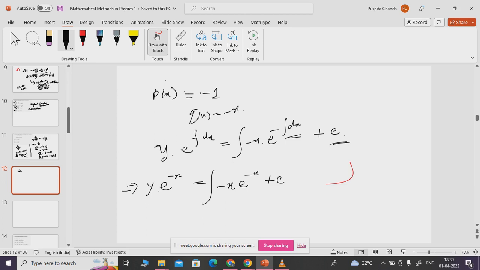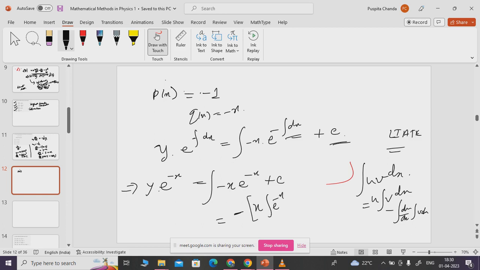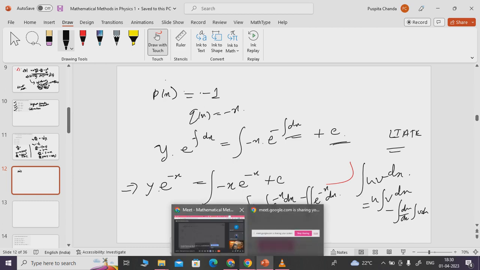In this c, all the constant terms are there. So this integration will be integration of u v minus integration of du by dx v dx, and this depends on how we choose u. So exponential never becomes u, so it will be minus x e to the power minus x minus e to the power minus x double integration.